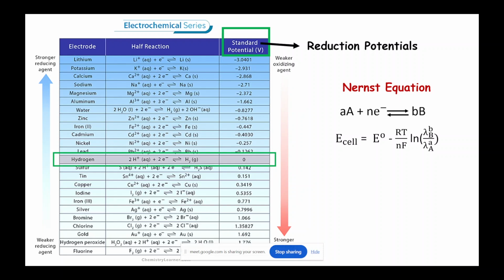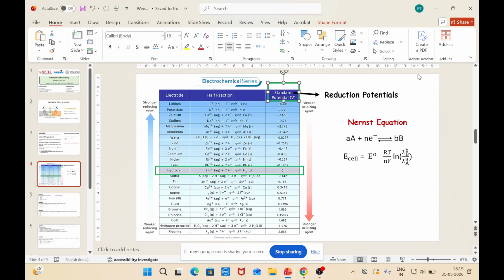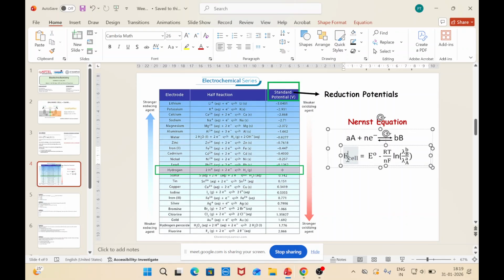If A accepts n electrons and then transforms into B, then the E, or the voltage, of this particular reaction can be represented as E equals E naught minus RT by nF, ln of concentration of B to the power b by concentration of A to the power a, or you can also represent it in terms of activity coefficients. It is typically not correct to write this as E cell.